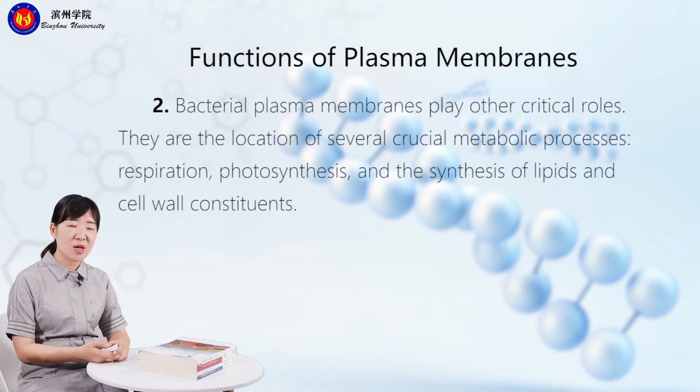Second, bacterial plasma membranes play other critical roles. They are the location of several crucial metabolic processes, such as respiration, photosynthesis, and synthesis of lipids and cell wall constituents.